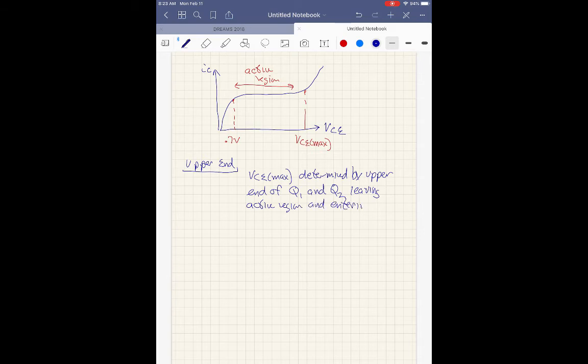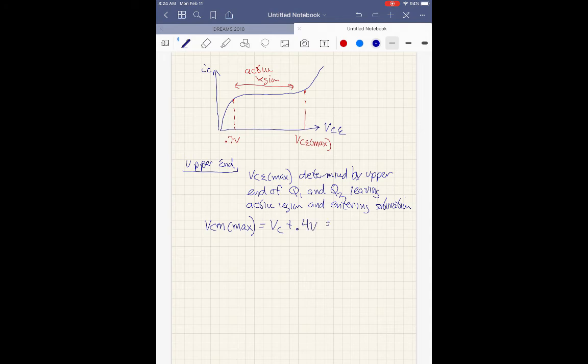That's a formal definition. Okay, so VCM max we can say is VC, I'm sorry, VC plus 0.4 volts.